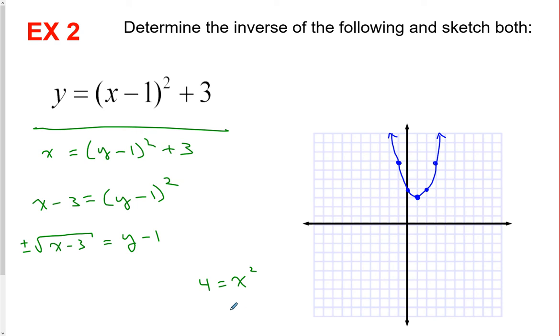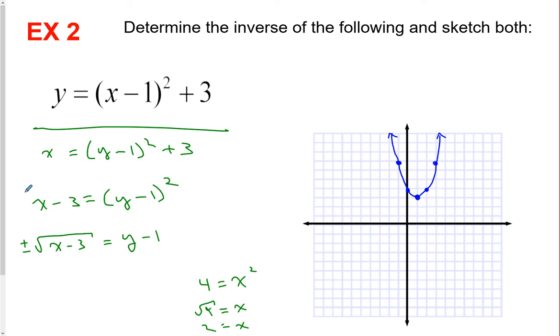You'd say, oh, I know what that is. Take the square root of 4. X has got to be 2. And you're half right. X could be 2 or it could be negative 2. Right? Because negative 2 squared is 4, and 2 squared is also 4. There's two possible answers. So I have to do the positive one and the negative one.